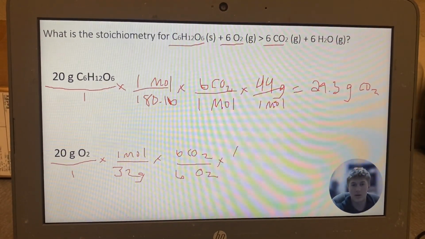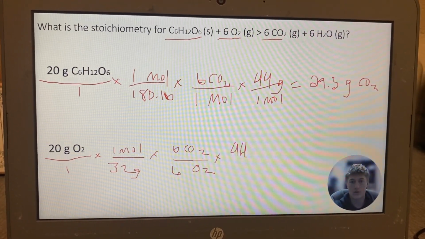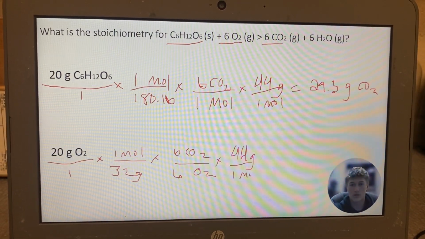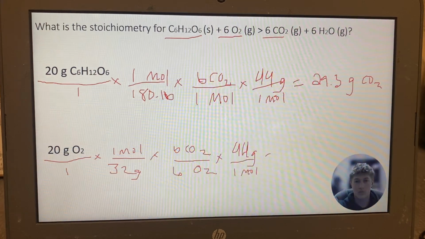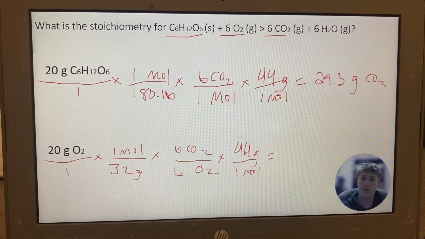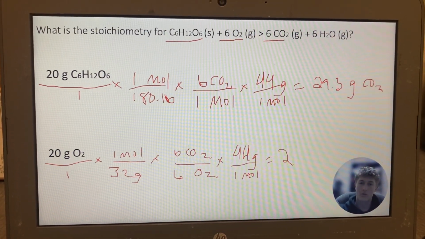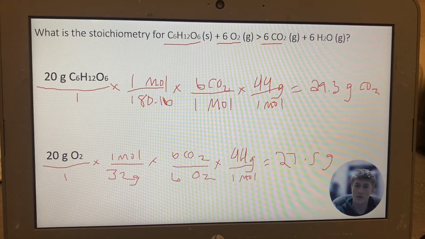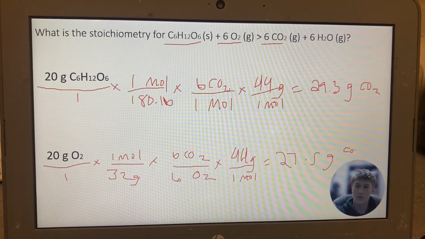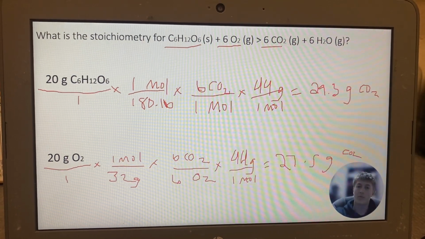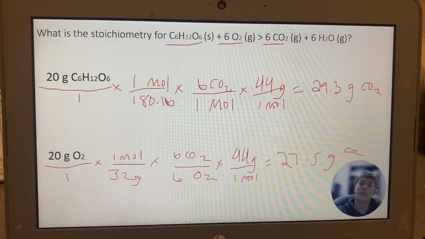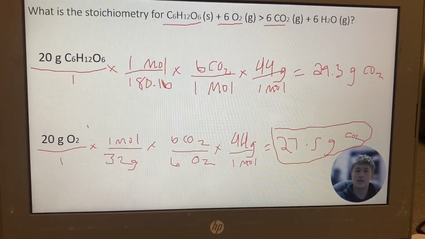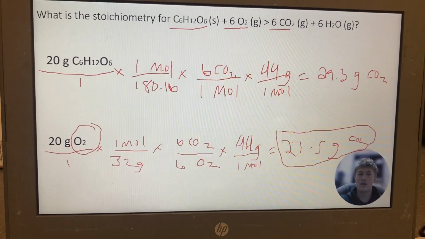Multiply by the grams of CO2, which is 44, that stays the same, over 1 mole of the CO2. When we do our multiplying and dividing for that, we get 27.5 grams of CO2. Since our 27.5 is the least amount, it's going to be our theoretical yield, and that makes the O2 the limiting reactant.